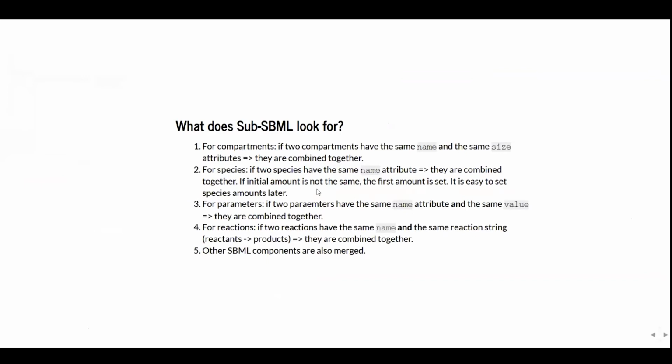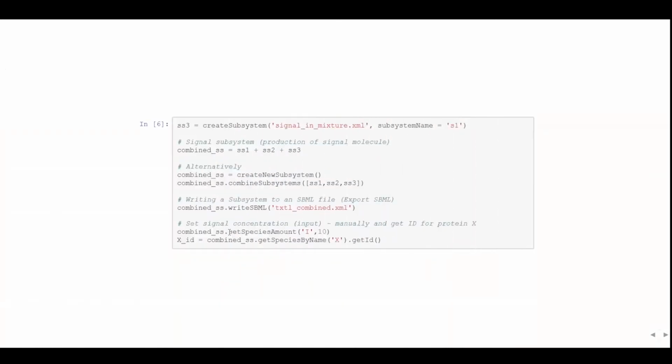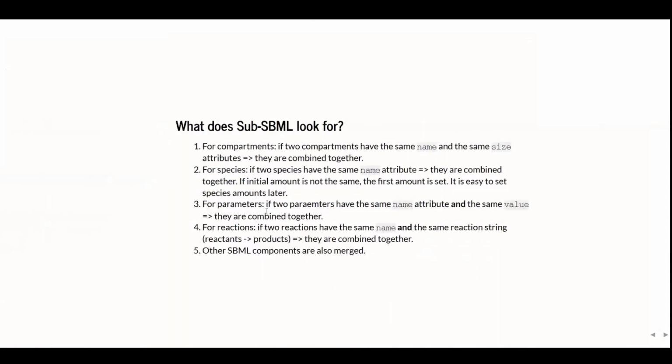And the important point here is that you need to make sure that the initial amount is set later to the correct value. So if you saw here, I set the species amount after combining everything. I set the initial conditions just to make sure I have correct initial conditions in the combined model.